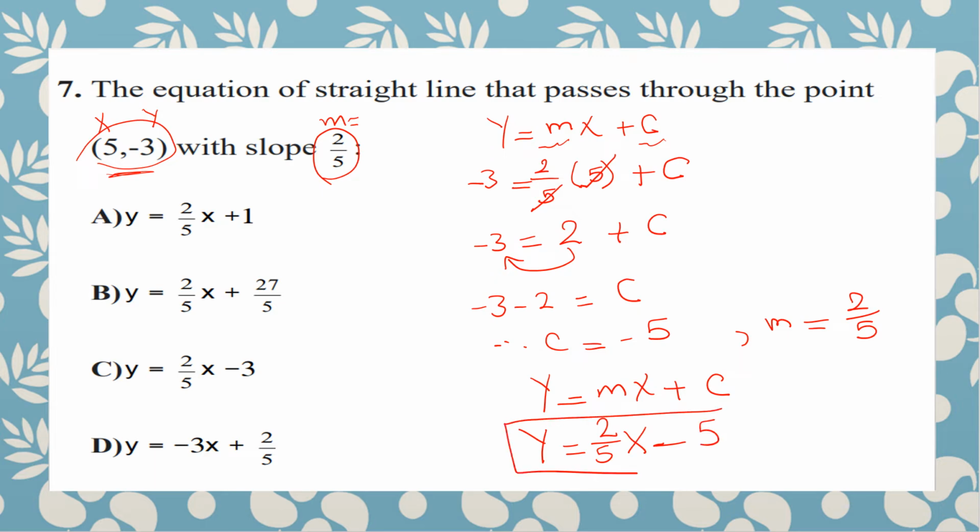So this is the equation of the straight line, and the correct answer is C. Sorry, there is a mistake here in the choice, because 3 should equal 5, not 3.